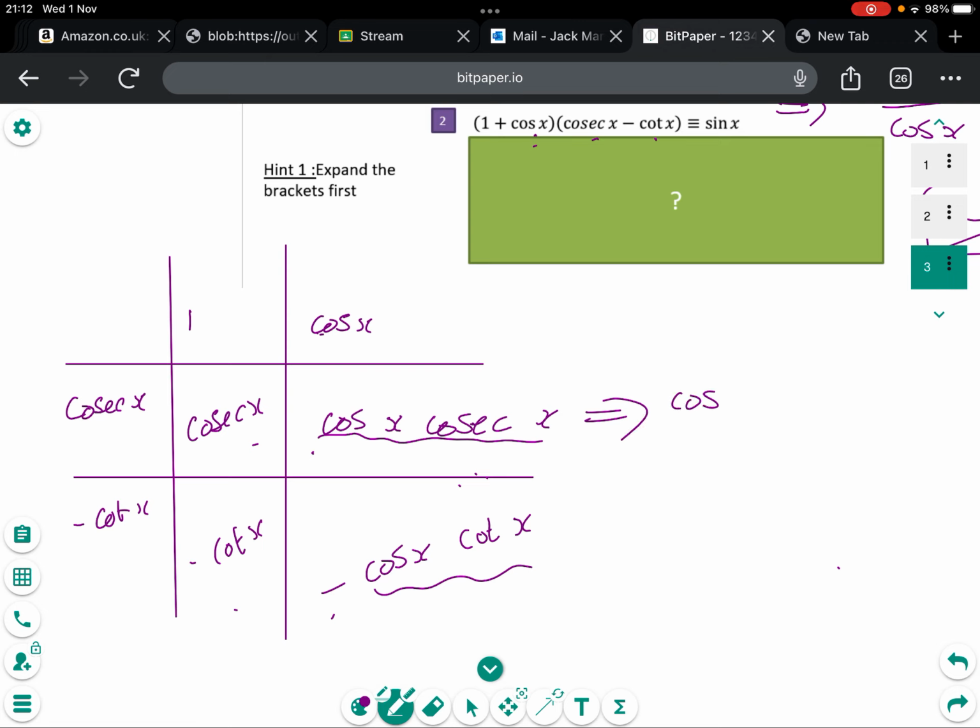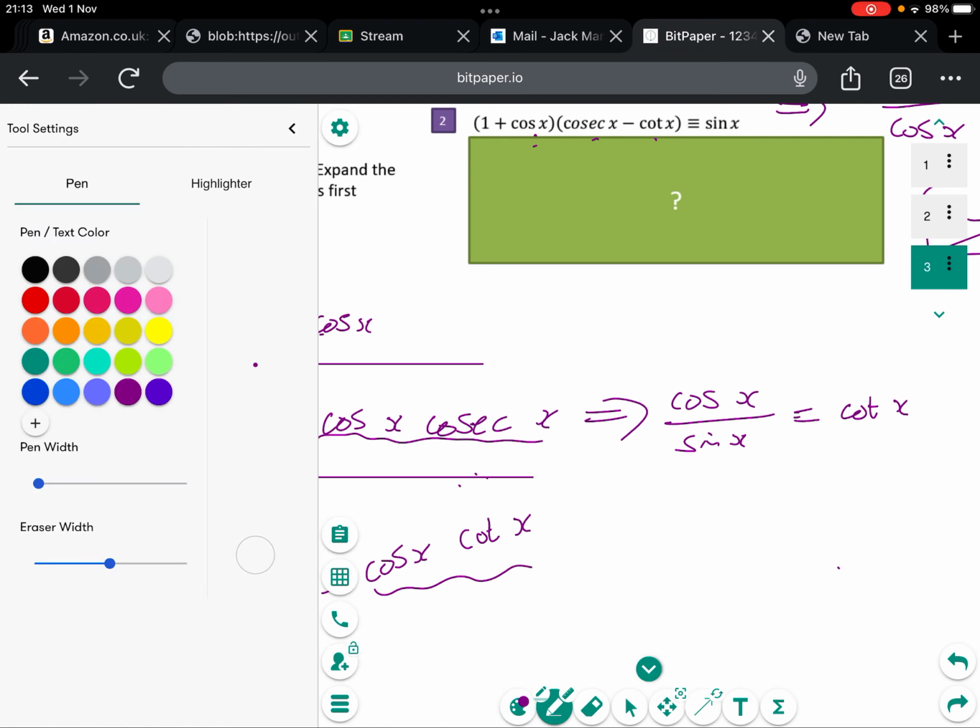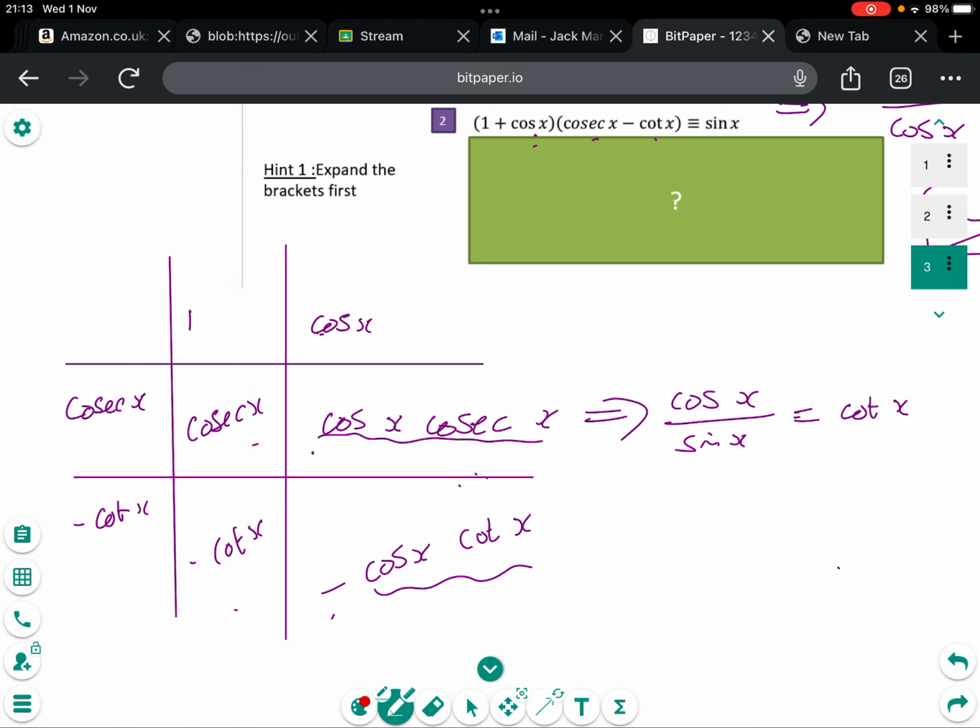So, cos x. So cosec is over sine, isn't it? So hold on a minute. That's actually the same as cot, isn't it? So when I clean this up a little bit, it turns out that this cot will cancel with minus cot, because in the grid, if you do a grid, you have to add all the pieces together at the end.